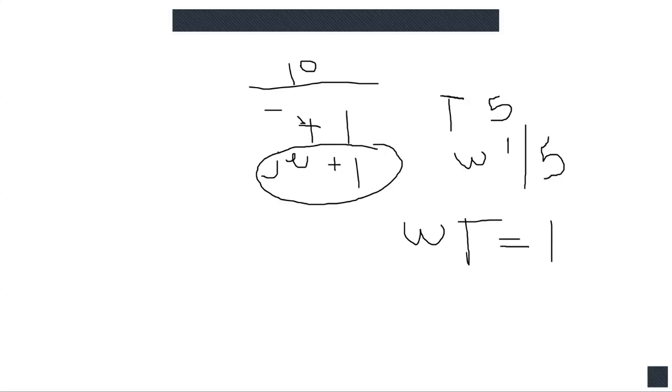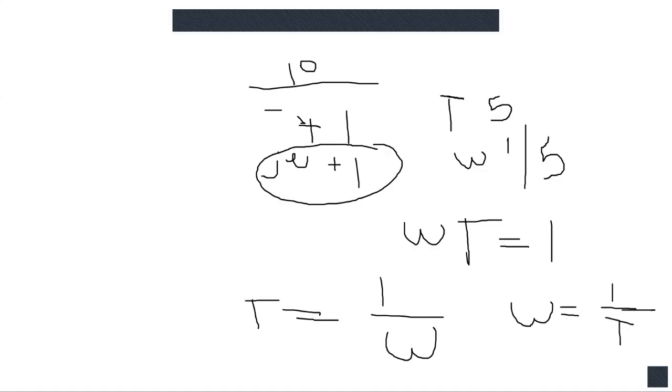So this factor will not be contributing before omega t is equal to 1. Right? Now, what do you mean by omega t equal to 1? T is equal to 1 upon omega, that we already know. Or the other way around, we can write omega is equal to 1 by t.